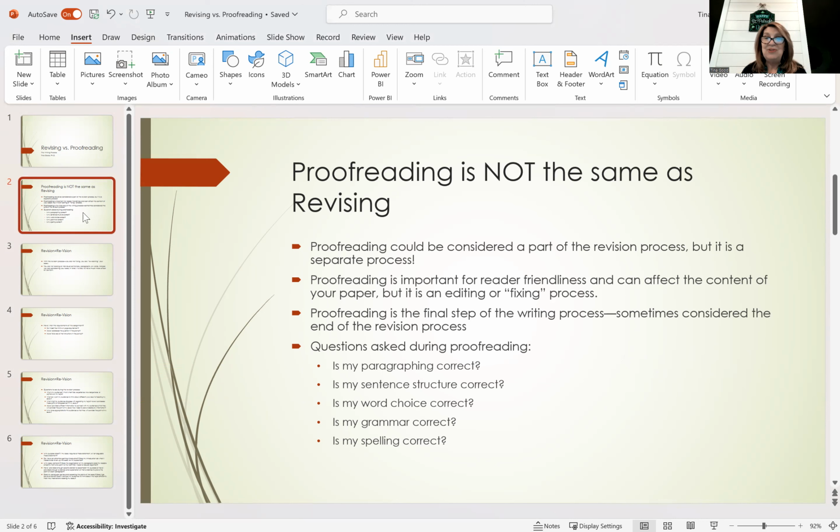I don't even like to do that because I don't like it to get confused. But it is the part where we do the fixing, right? We do what we call editing. And questions that we ask in proofreading are very different than what we ask when doing a revision process.